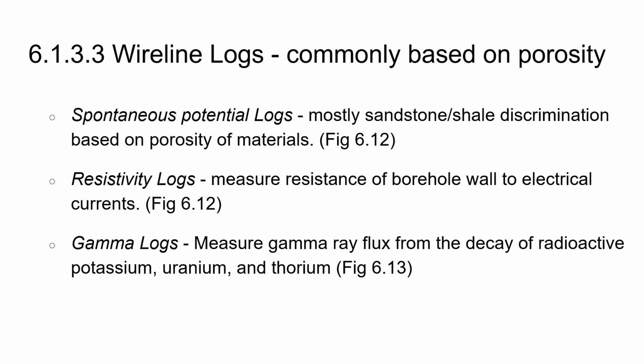Resistivity is looking at the resistance to electrical current, and then gamma, of course, is looking at gamma ray flux as clays, predominantly potassium, uranium, thorium, clay minerals that have these elements in them, start to break down.